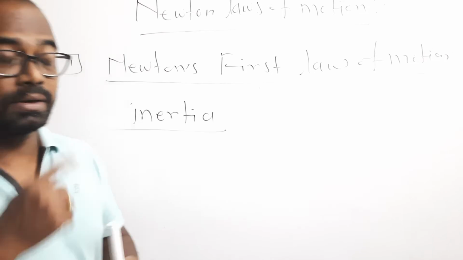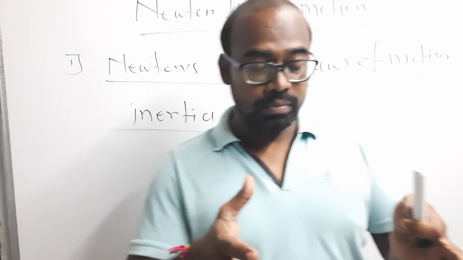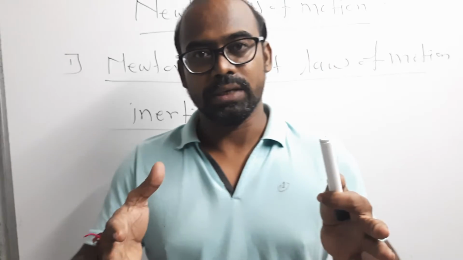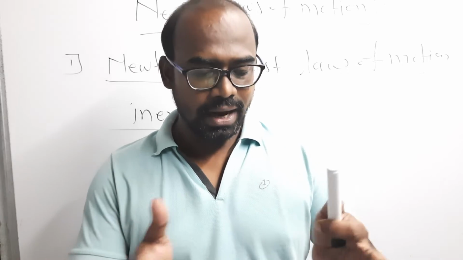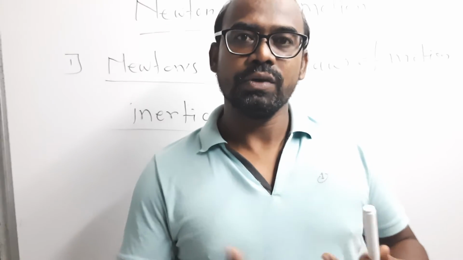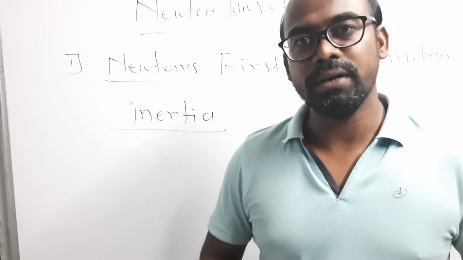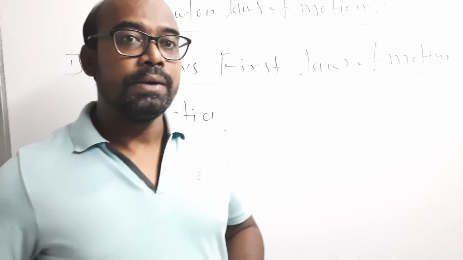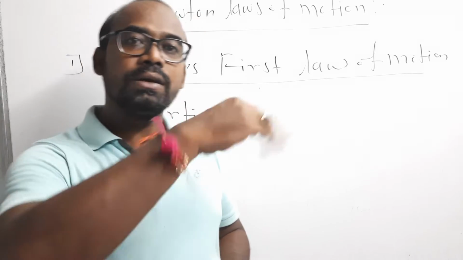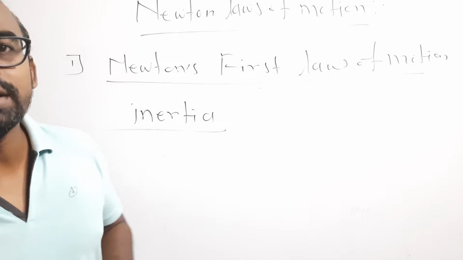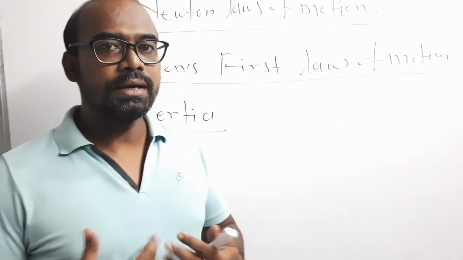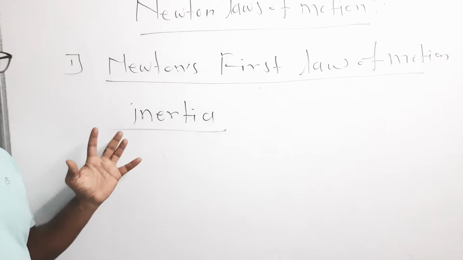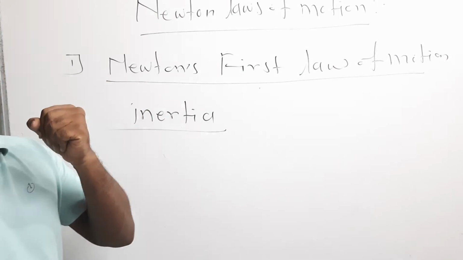Like whatever we discussed, a ball or object or body kept on the table, or a body or ball moving on a frictionless surface will be in uniform motion. It cannot change by itself, right? That nature, that phenomenon is called inertia.